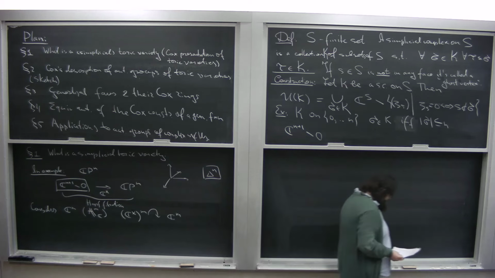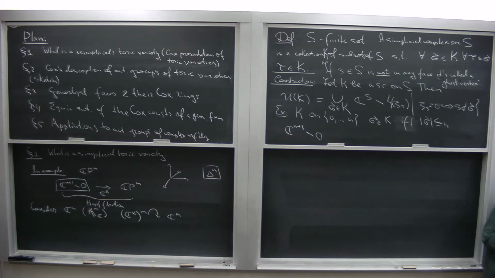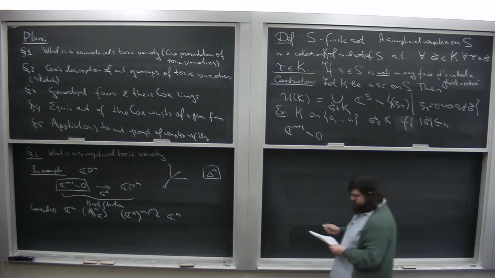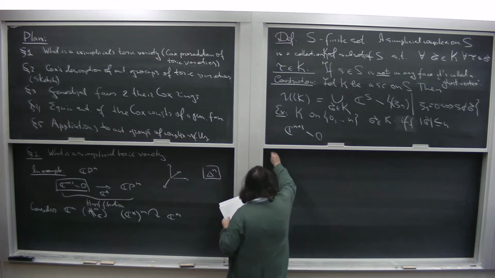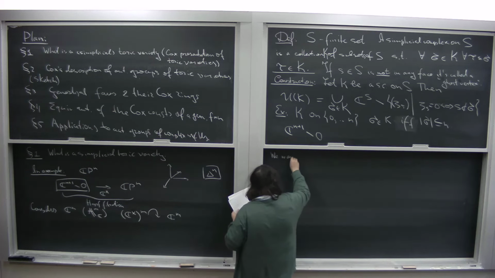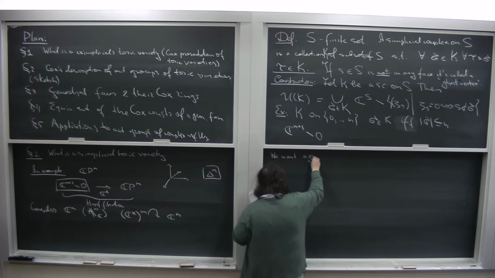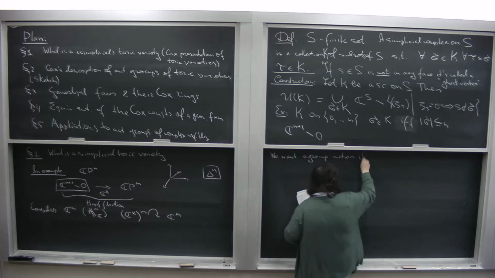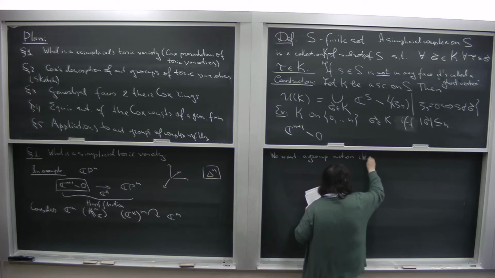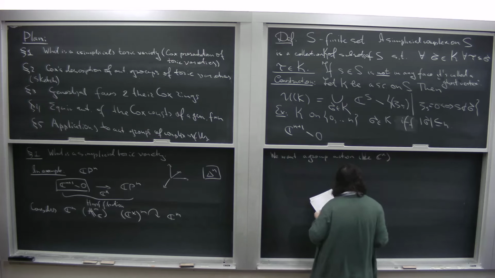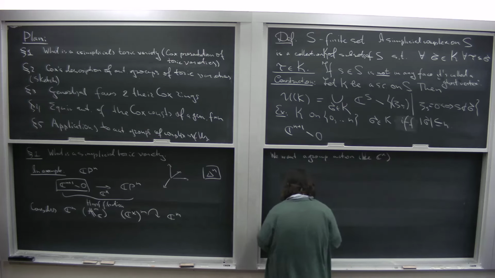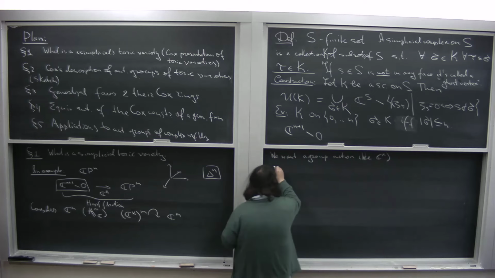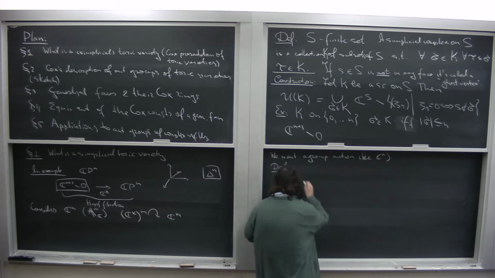Well, for this we'll need some additional combinatorial structure. So we want a group action, like the C star action on the affine space. So we need the notion of a fan.